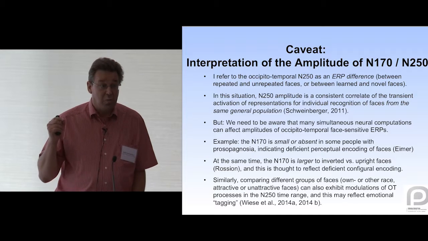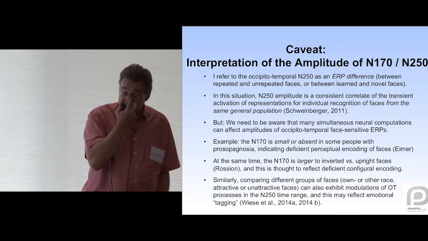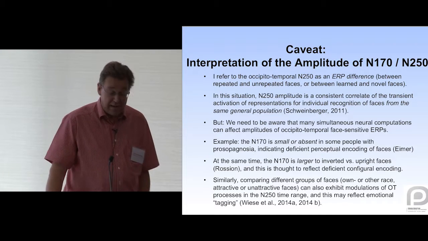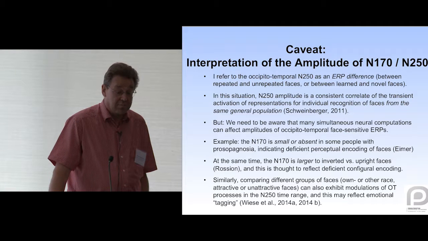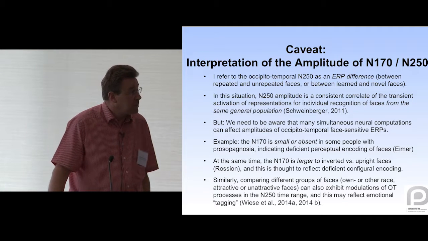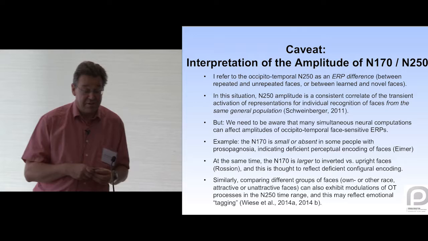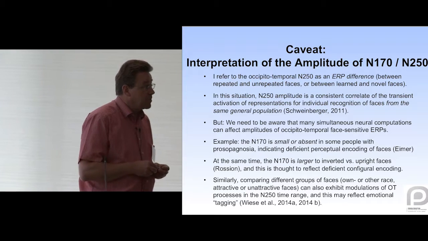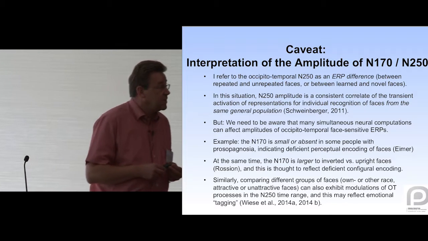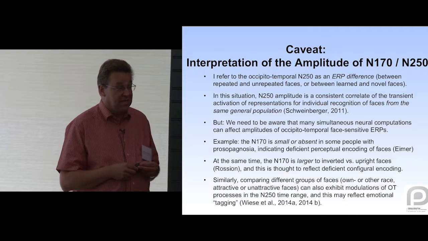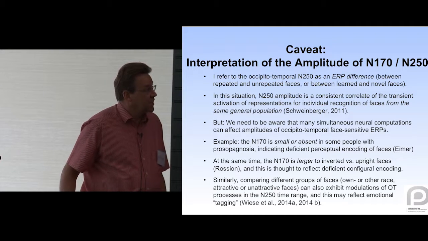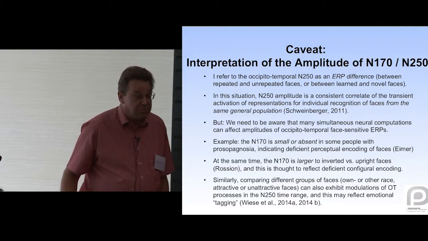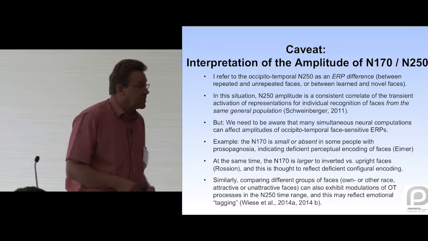But we need to be aware that many simultaneous neural computations can affect the amplitude of occipitotemporal face-sensitive ERPs. So take the N170 for an example. The N170 is small or absent in some people with prosopagnosia, and then it's interpreted as indicating deficient perceptual encoding of faces in these people.